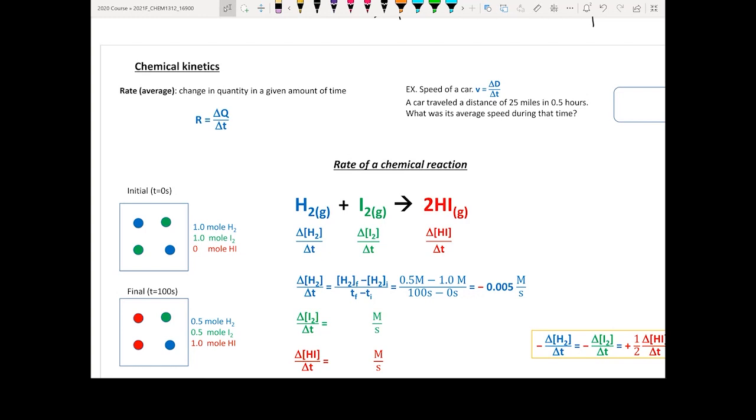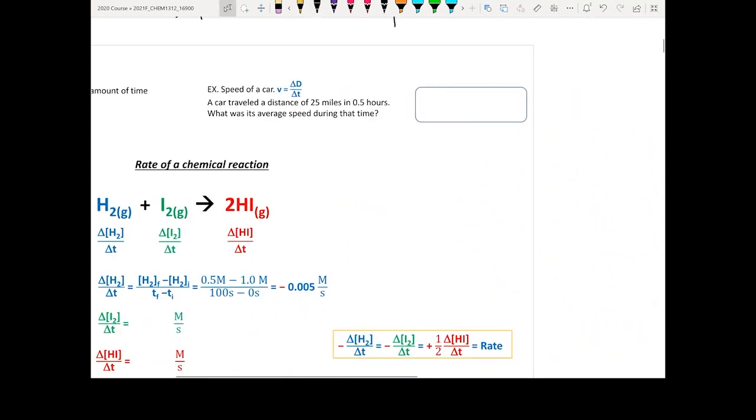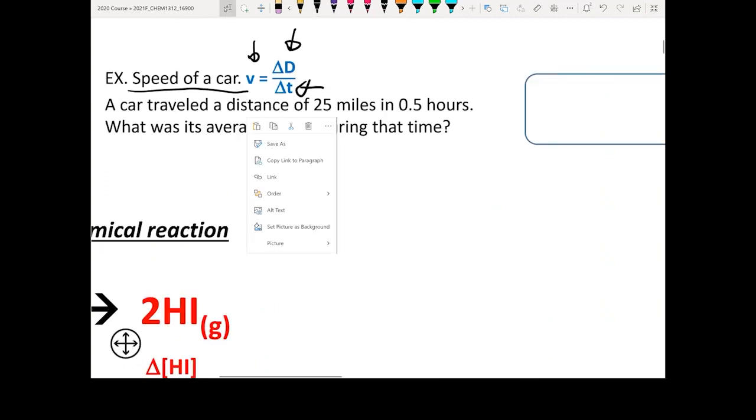The first term we need to define is reaction rate. The rate is defined as the change of a certain property over a certain time. One easy example is the speed of a car, right? We know the speed of a car is calculated through the change of distance over a certain amount of time.